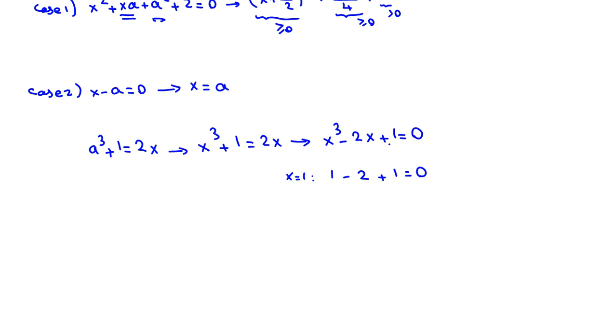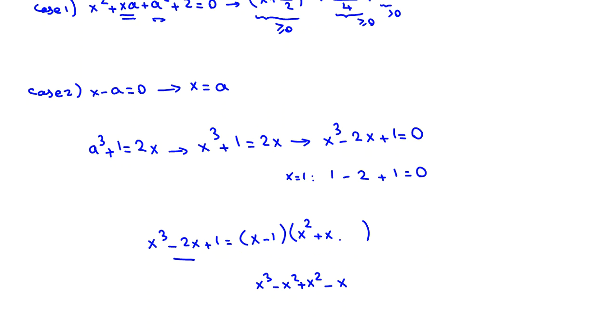If x equals 1 is a root of x cubed minus 2x plus 1, then x minus 1 is a factor. For example, if x equals 8 works, one factor is x minus 8. We want to create x cubed, so I place x squared, and I have x cubed minus x squared. I don't have x squared here, so I place plus x to cancel minus x squared.